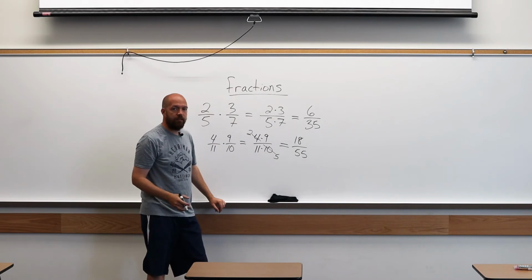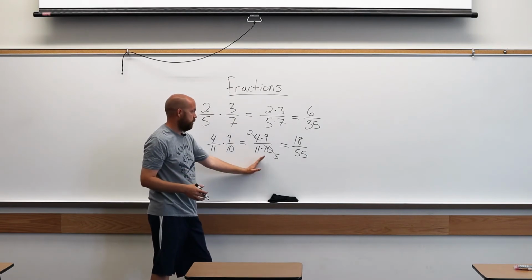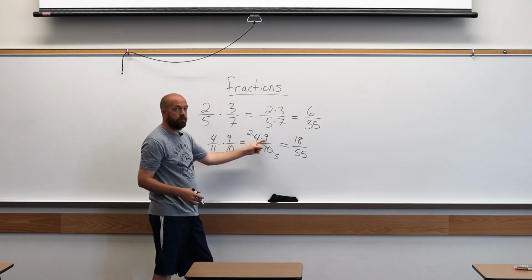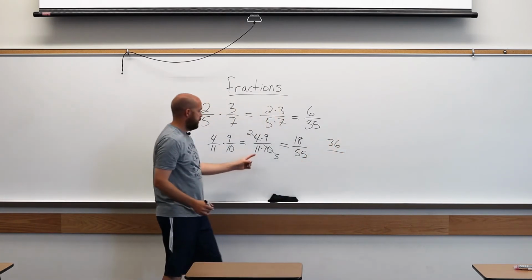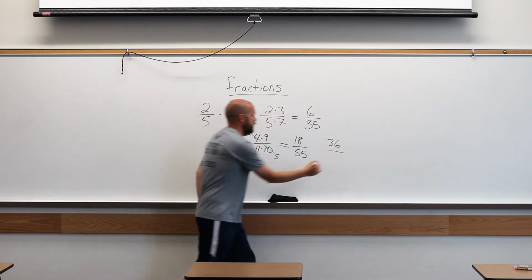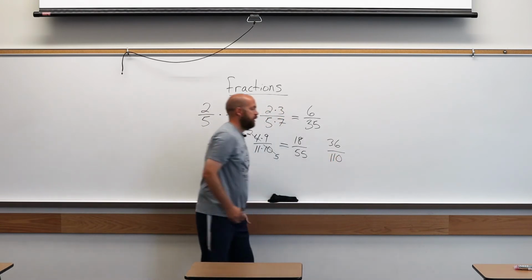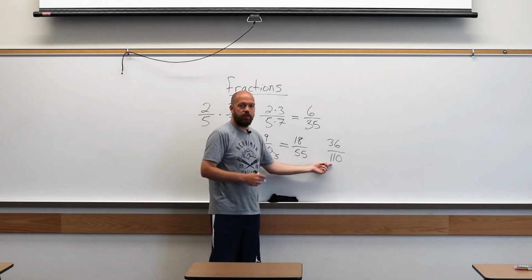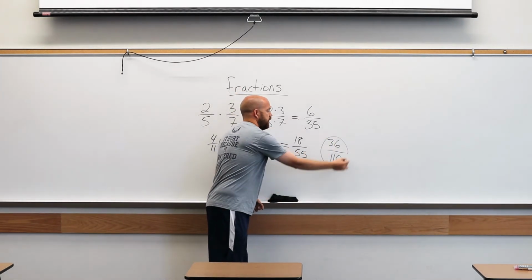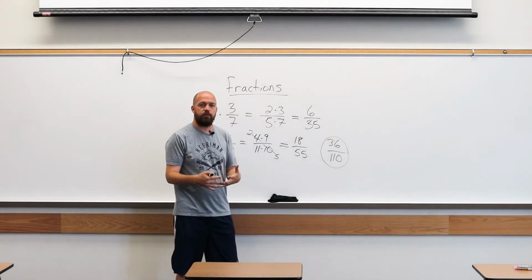What would have happened if we didn't reduce here? So if I did 4 times 9, I would have had 36. And 11 times 10 is 110. And I have a lot of students that would have seen this and just thought, oh, that's my answer, I'm done, and they move on. Well, it's a fraction. Anytime you have a fraction, you have to reduce it.